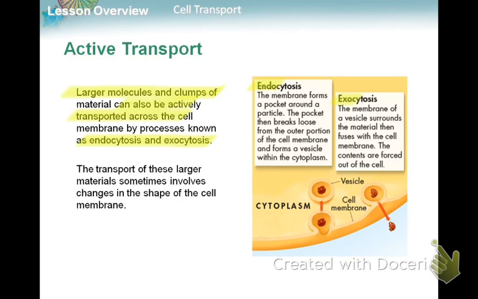The energy that's required here goes into changing the shape of the cell membrane, either to swallow up something from the outside, bringing something in, as in endocytosis, or having a vesicle merge with the plasma membrane and release something in the case of exocytosis.